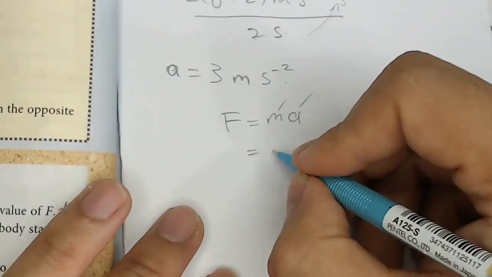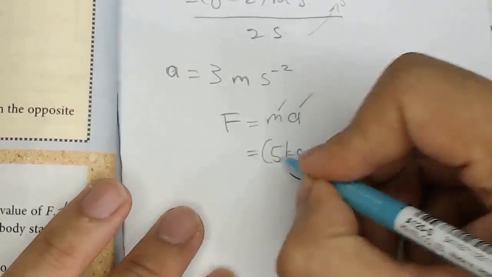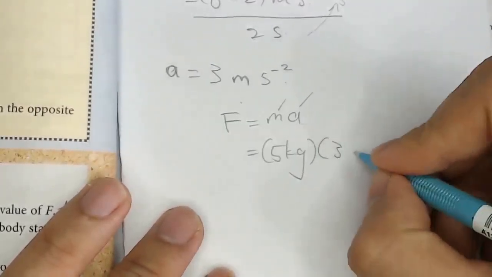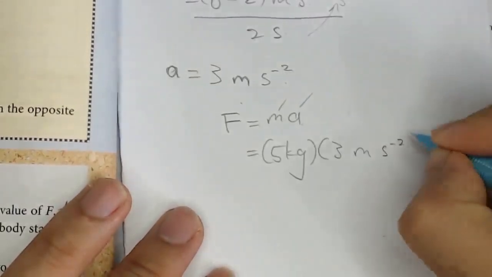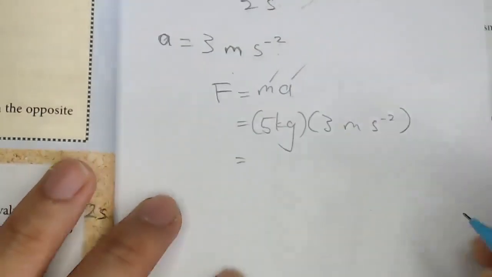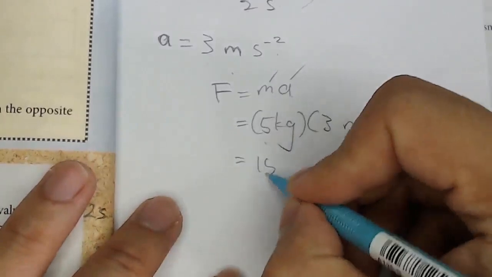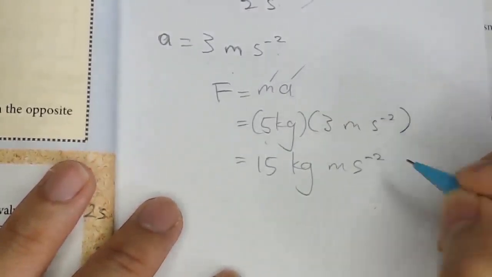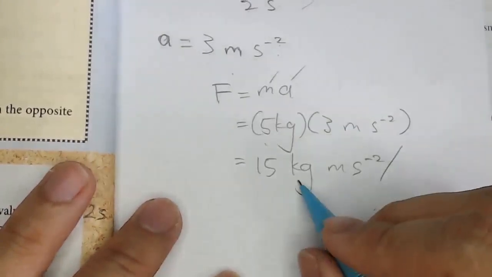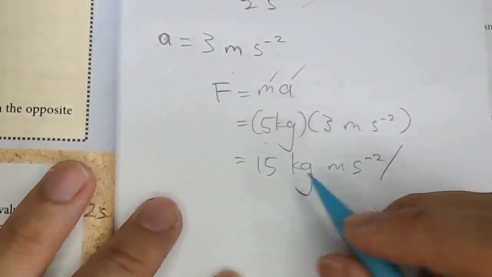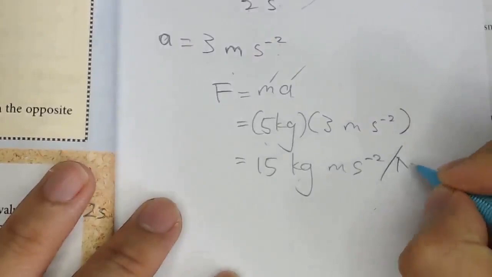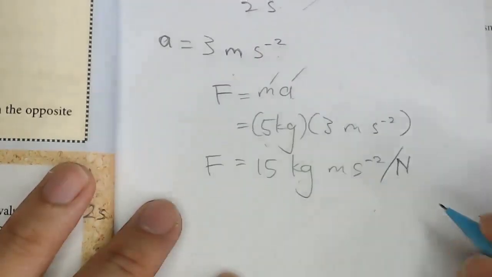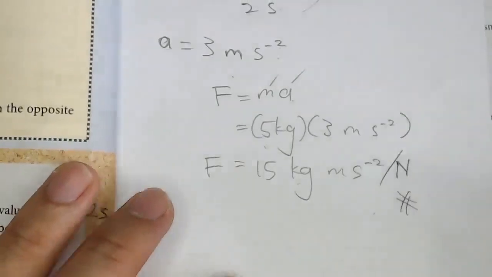This time we substitute all the values that we know. 5 times 3 meter per second squared gives 15 kilogram meter per second squared, or the derived unit for this is simply Newton. Okay, so here it is, what we are looking for.